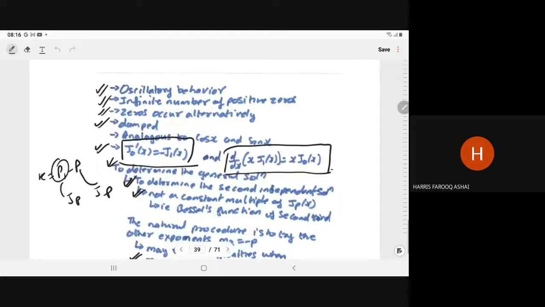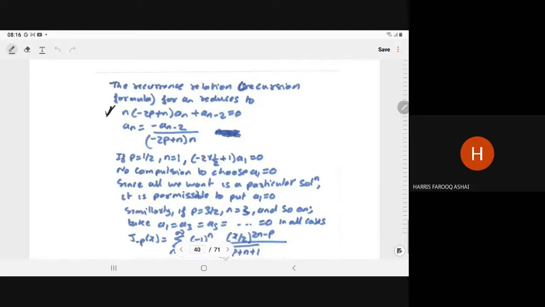So here the recurrence relation will be an equal to minus an minus 2 upon (minus 2p plus n) into n. Now we have the problem with the denominator. If you take p equal to half, minus 2p will become minus 1, and when we take n equal to 1, minus 1 plus 1 is 0.